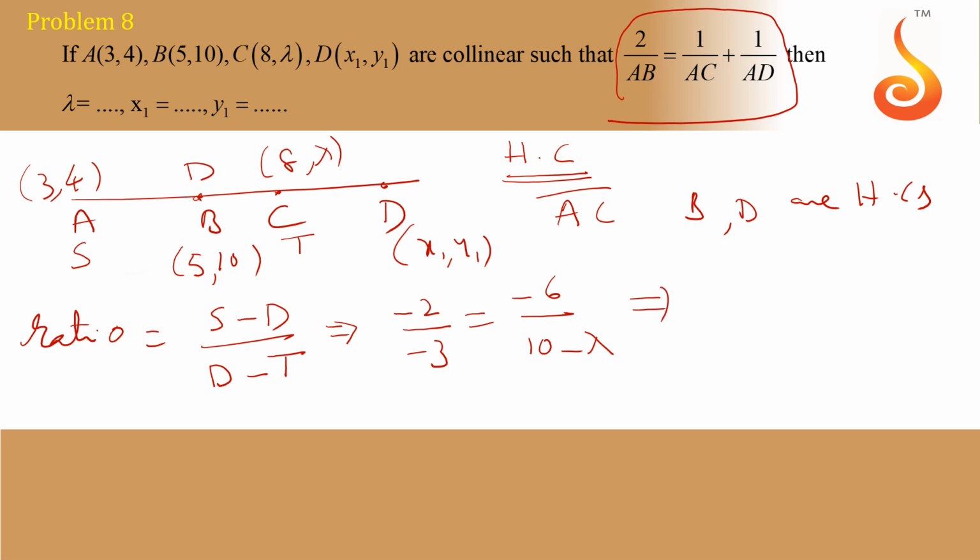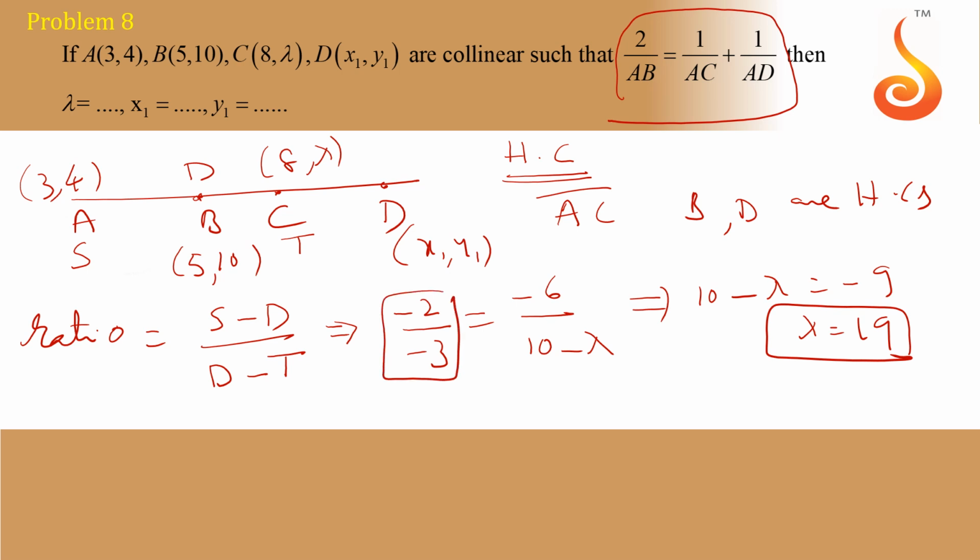So minus gets cancelled, 2 1s are 2, 3s are 3, so 10 minus lambda equal to minus 9, lambda equal to 19. So when you got lambda is 19, what is the ratio you got? You got 2:3 internally. So 3 comma 4, 8 comma 19, 2:3.